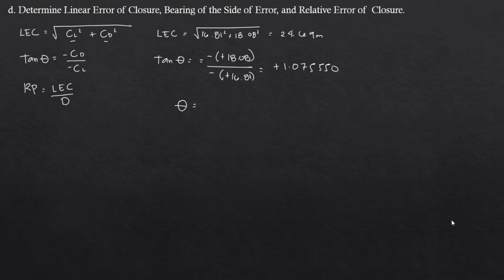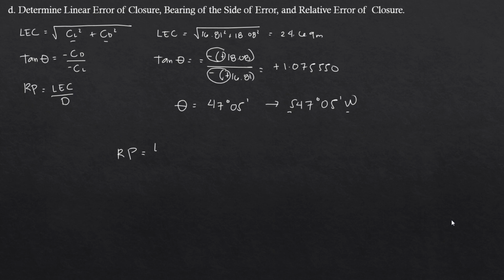Theta ngayon is equal to 47 degrees 5 minutes. So, negative ngayon itong CD natin. Ito. Negative din yung CL. So, ibig sabihin, direction niya is south, 47 degrees 05 minutes west. Negative, negative. Tama. Okay.